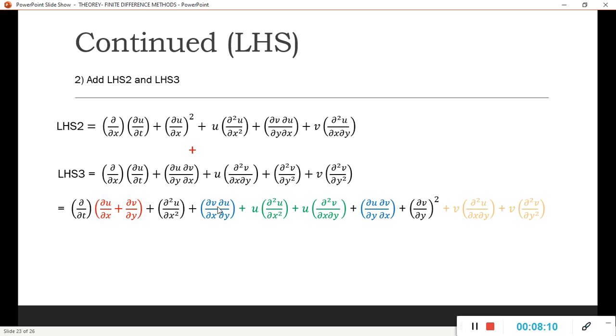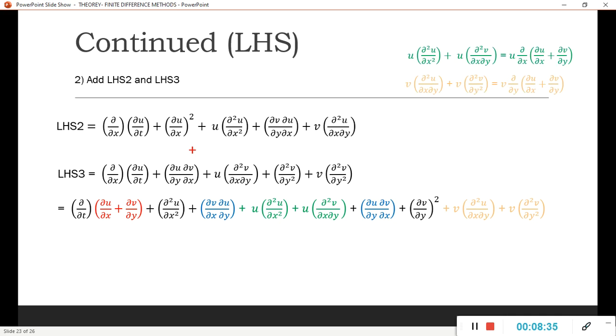I have color coded them just to make it easier. So the terms in black are similar in their structure, and these two terms are similar as well, and these two terms are kind of similar, and these two terms are kind of similar.